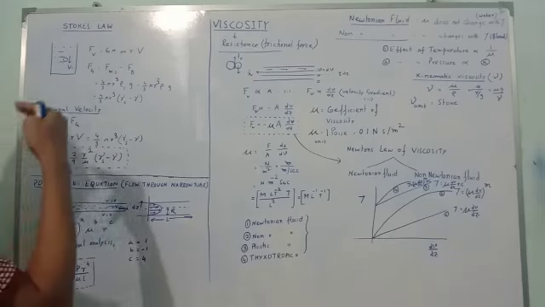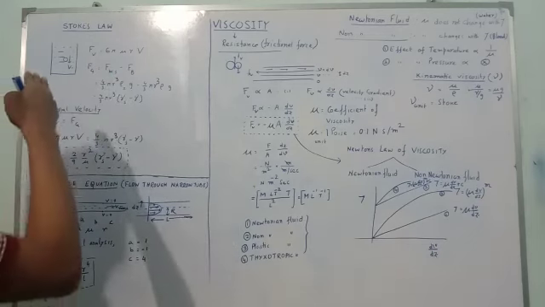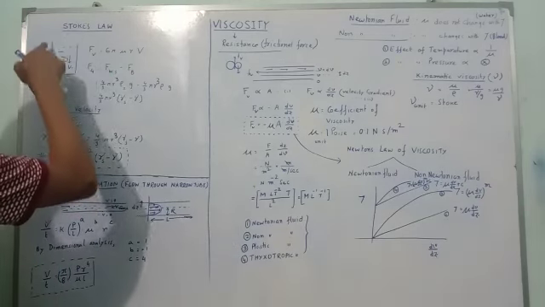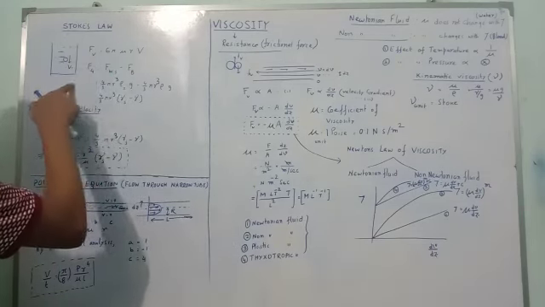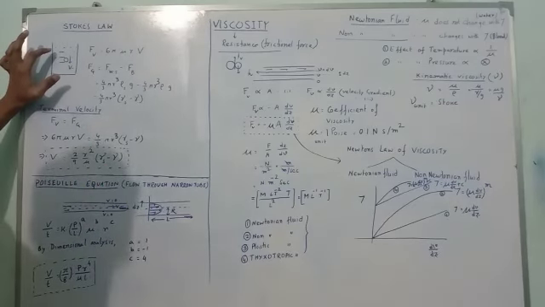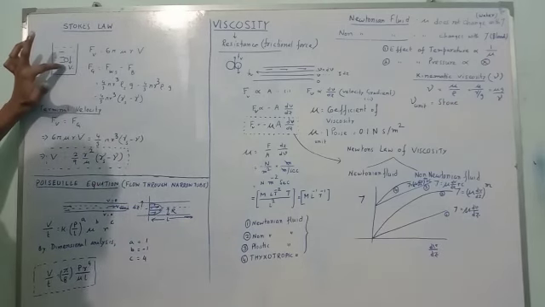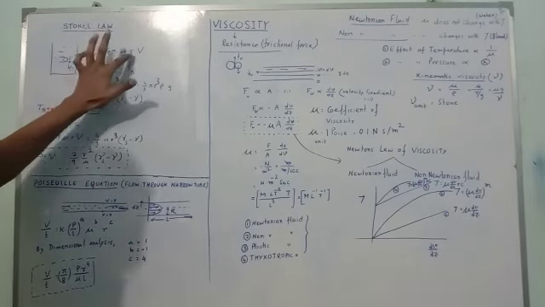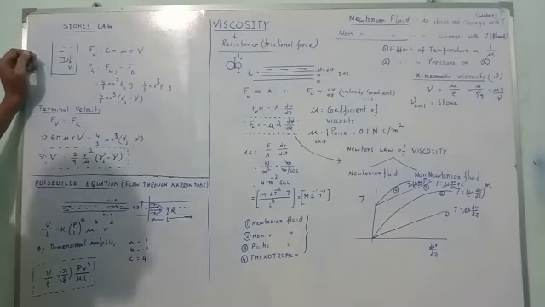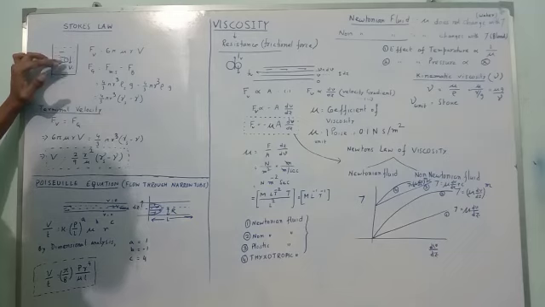Now we come to the second part of the viscosity topic, that is some laws or equations. The first very important law regarding viscosity is Stokes' law. Suppose there is a container with some liquid of viscosity mu. A small spherical ball with radius r is dropped in that liquid. It will come down due to the weight of the ball.